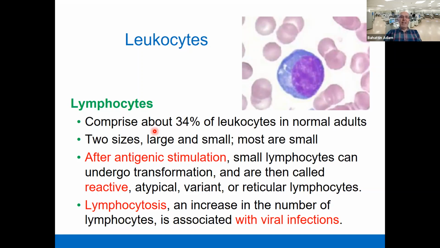After antigenic stimulation, the small lymphocytes can undergo transformation and are then called reactive lymphocytes. Therefore, during the examination, we also need to consider whether there are reactive lymphocytes or not.